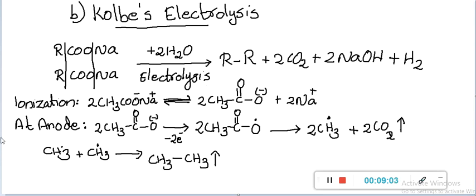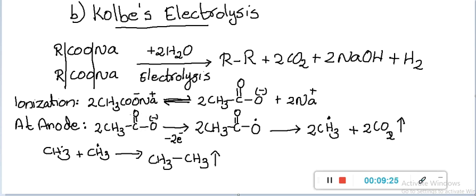Then what are the reactions at the anode and cathode? At the anode, alkane will be evolved. What is the mechanism? The intermediate present at the anode is free radicals.